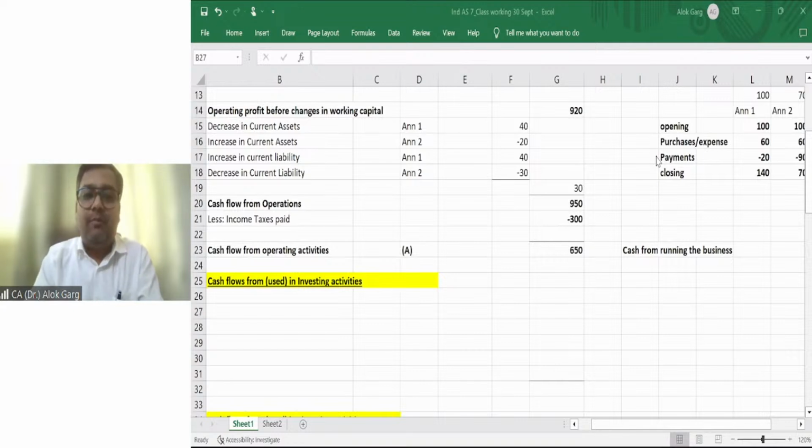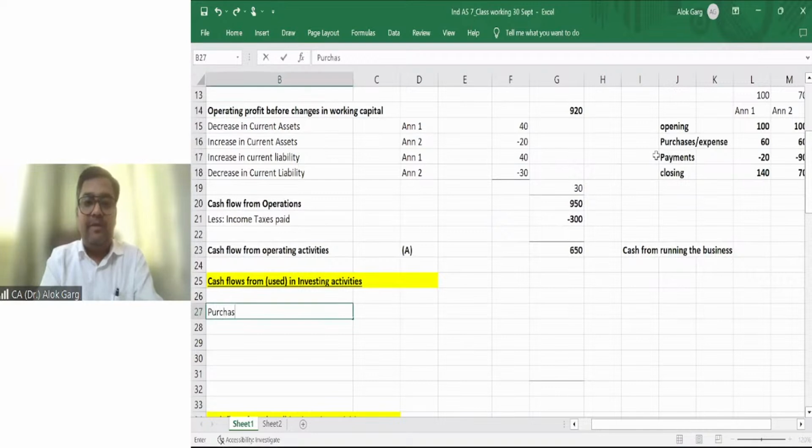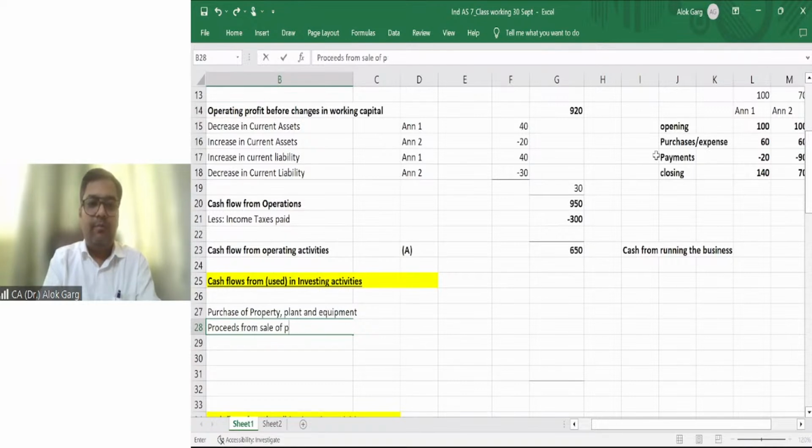So purchase of property, plant and equipment, proceeds from sale of property, plant and equipment.